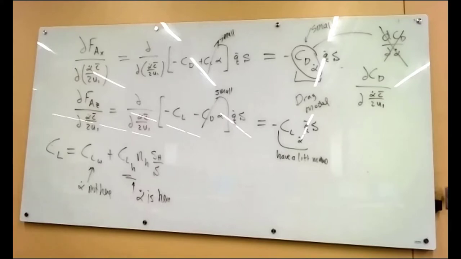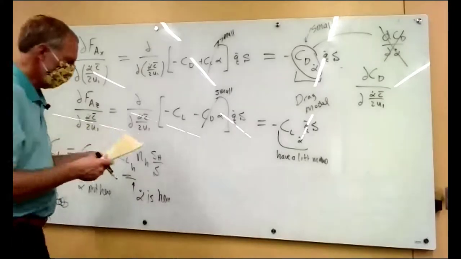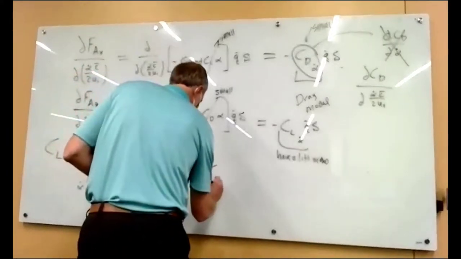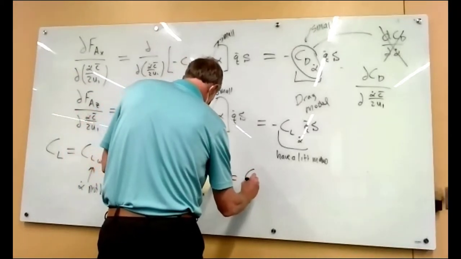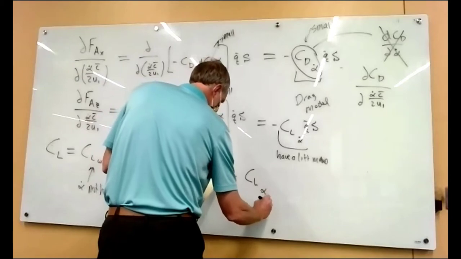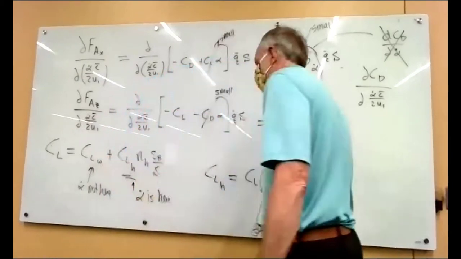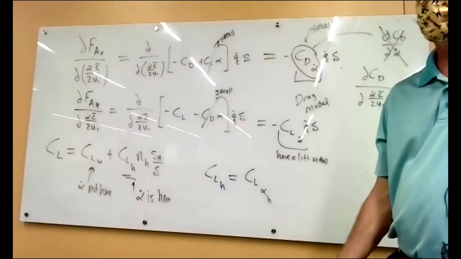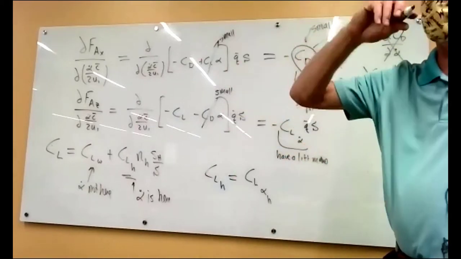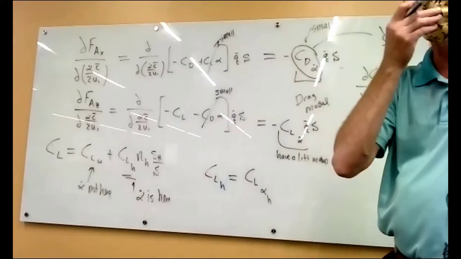So what's CLH? Well, it's the lift curve slope, CL subscript alpha of the horizontal tail. So that's the lift curve slope that in 514 we used the big formula for to calculate the lift curve slope of that thing, right?